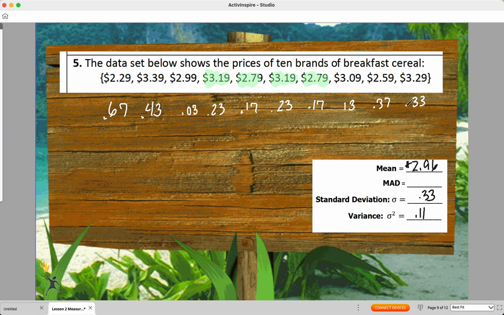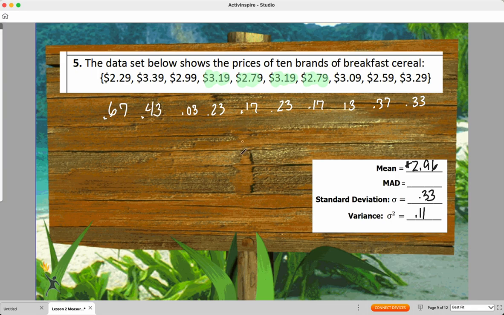So I'm going to, again, take time to add them all up. 67 cents plus 43 cents plus 3 cents plus 23 cents plus 23 cents plus 17 cents plus 17 cents plus 13 cents plus 37 cents plus 33 cents.